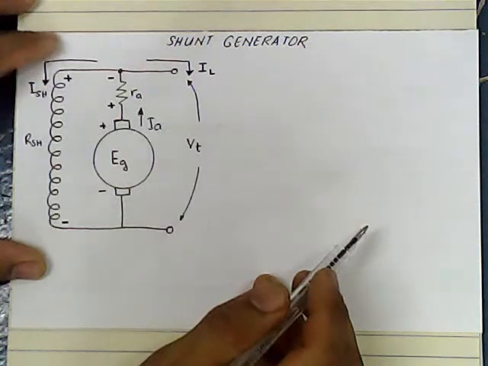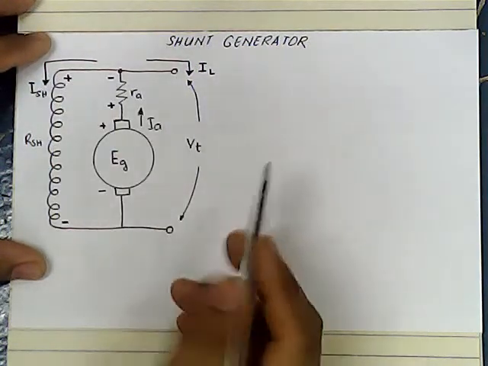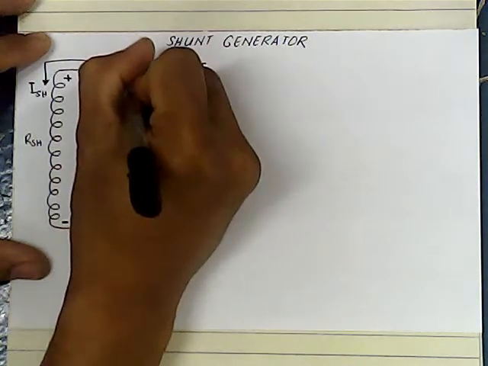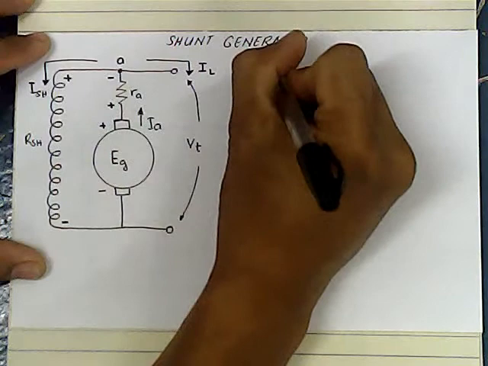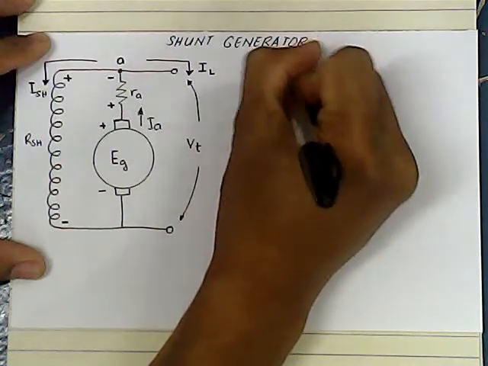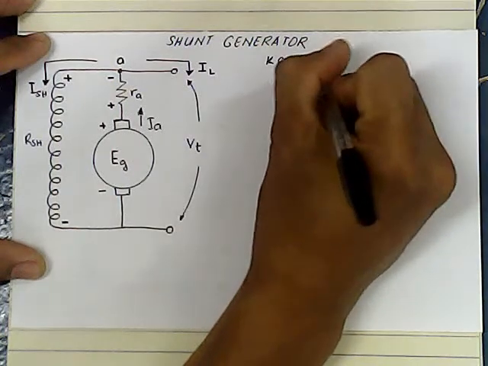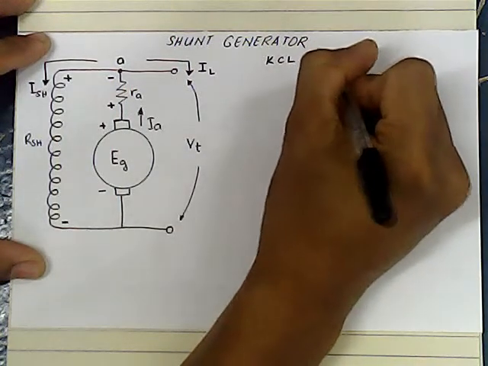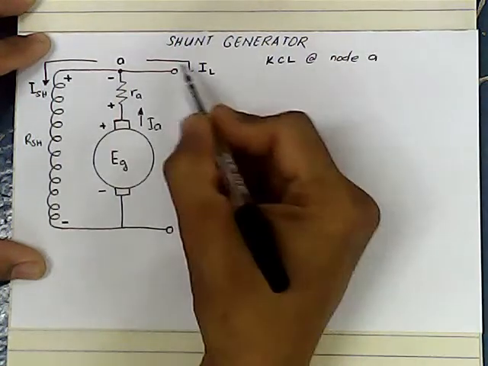Okay, so mag-establish na tayo ng mga equations dahil nandito na yung ating mga parameters. Okay, so let us denote this as node A. So, ang gagamitin na lang natin dito is the KCL or Kirchhoff's current law at node A. So, dito yon.